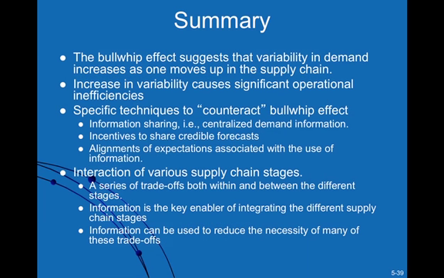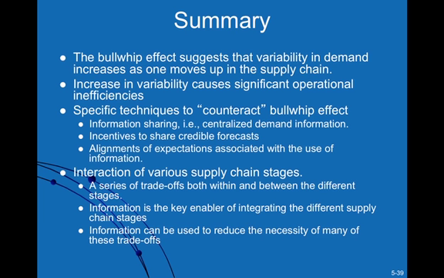And so in summary, the Bullwhip effect suggests that variability will increase as we backward propagate into the supply chain. This variability is caused by several factors, and it has the effect of creating what we call operational inefficiencies.